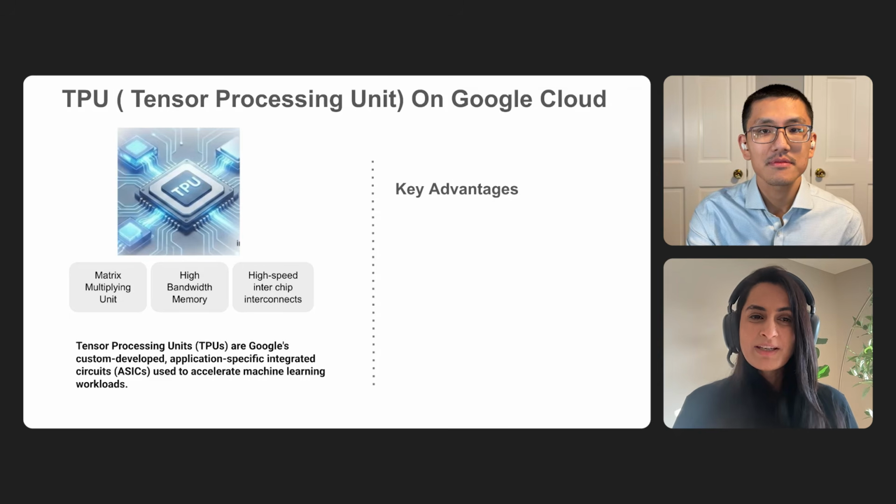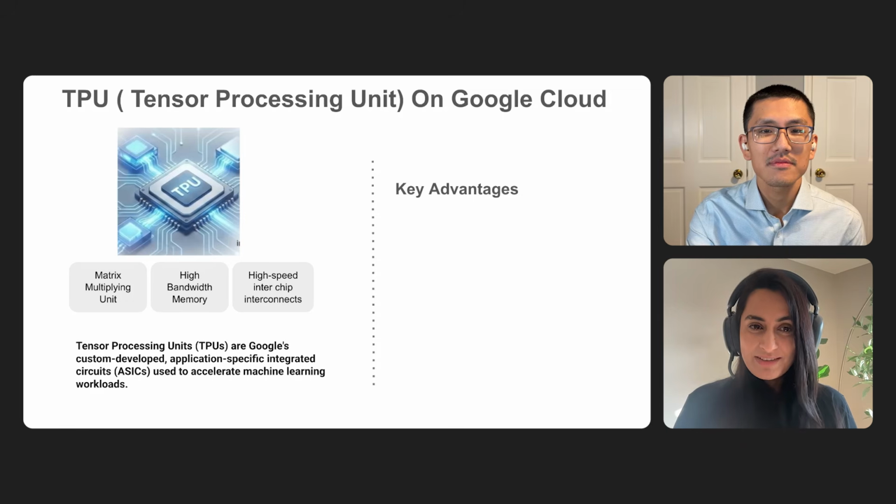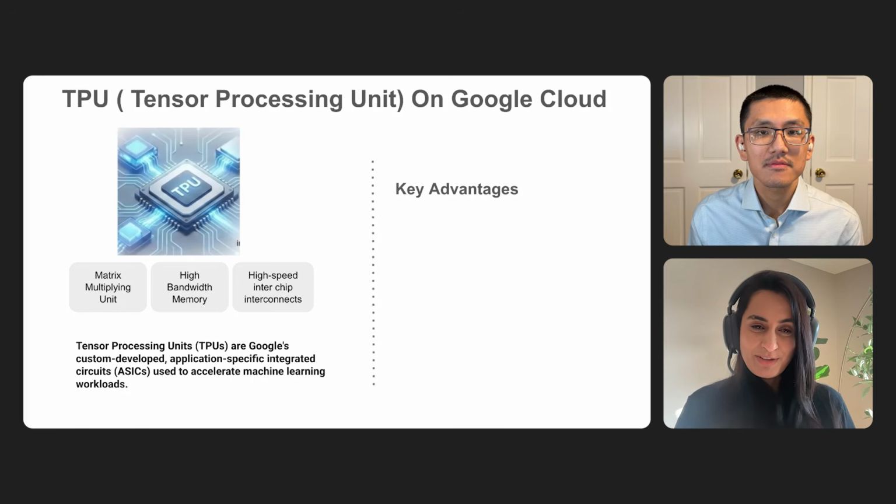What does that mean? Application-specific integrated circuits, which are designed to accelerate machine learning workloads. TPUs have matrix multiply units and sparse cores, making them highly optimized for heavy matrix calculations found in LLMs and embeddings used in recommendation models.